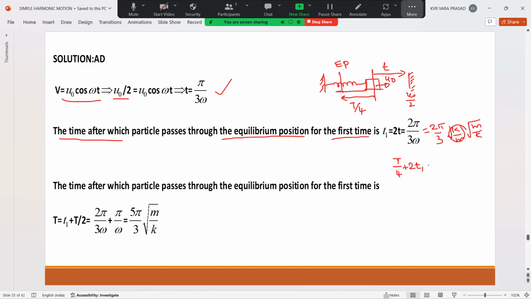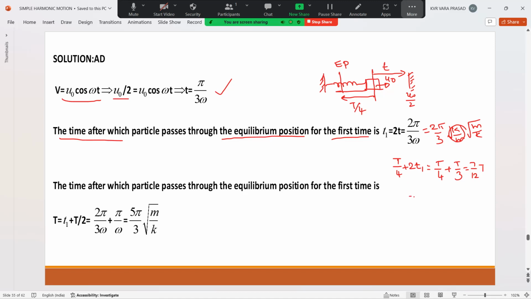And 2t1 is nothing but T by 3. So T by 4 plus T by 3, that is 3 plus 4, 7 by 12 T.